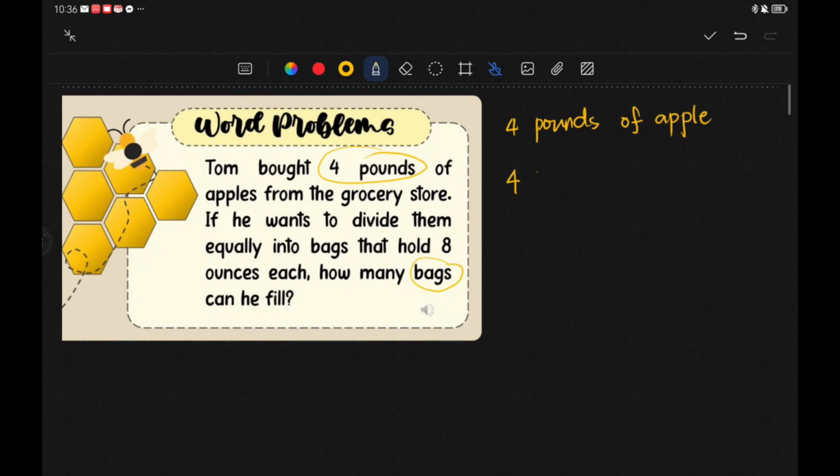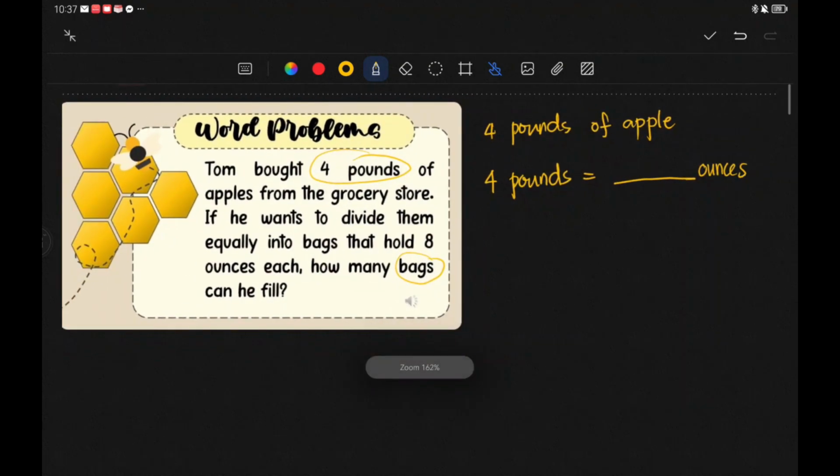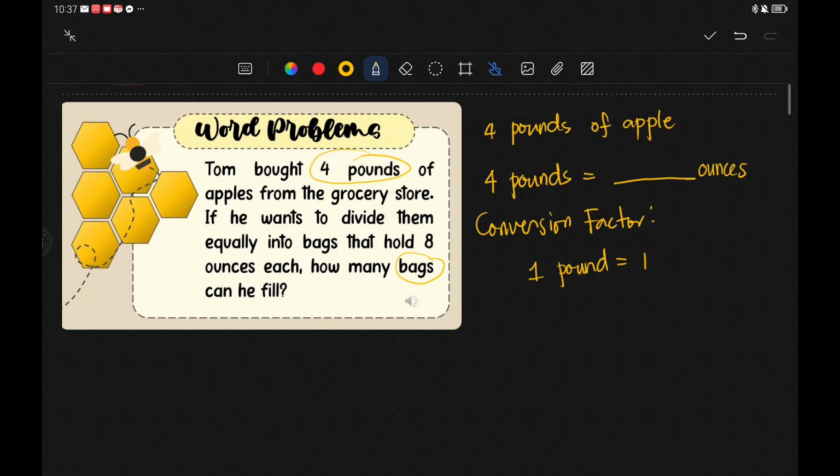So from 4 pounds, we are to convert that into ounces. So our conversion factor for this one is 1 pound is equal to 16 ounces.